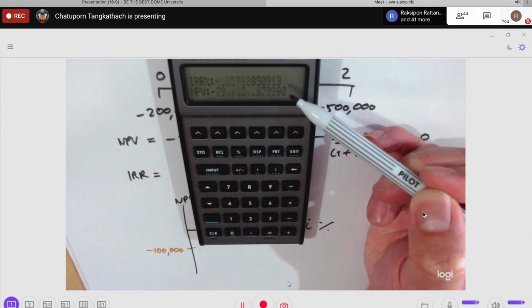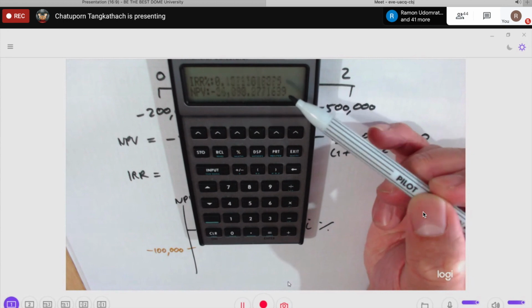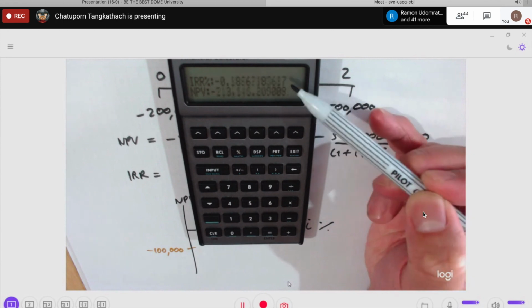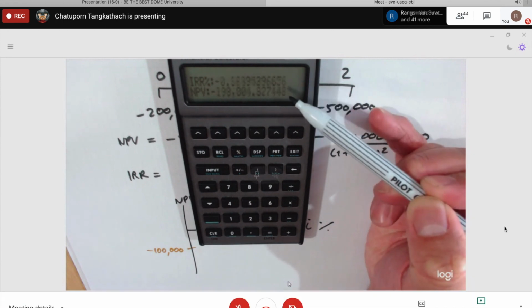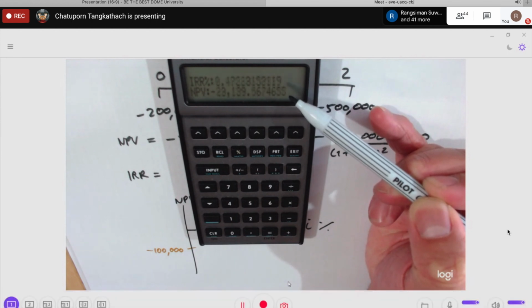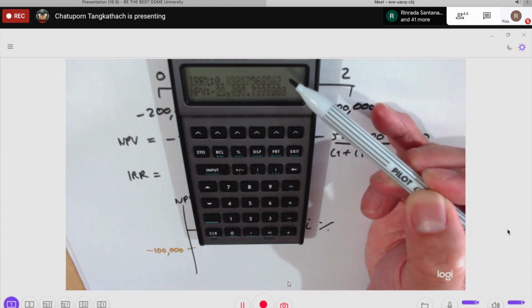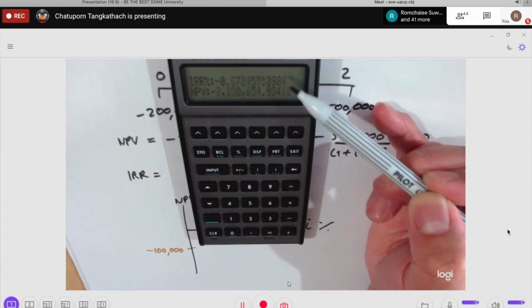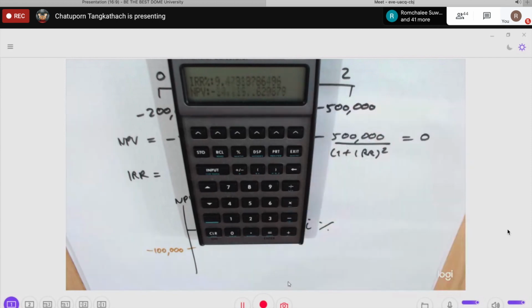I need to give my calculator time to calculate that. It changes the rate a lot to see whether the second row equals 0 or not. If the second row equals 0, the calculator will stop and present the answer above. Now, we need to wait.